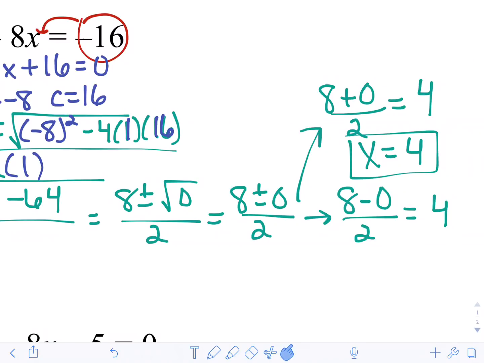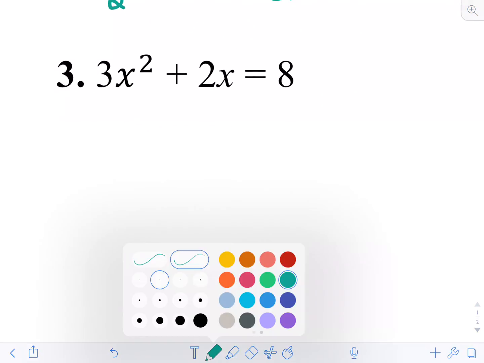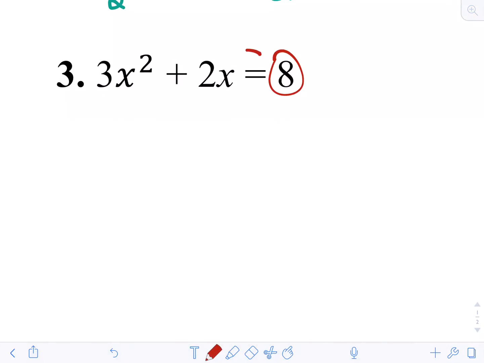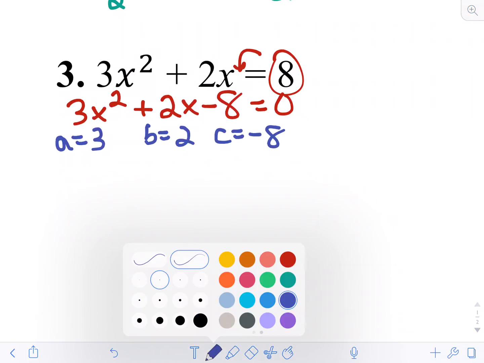Alright, let's see, I'm going to do number 3. So number 3, again, it has to be set equal to 0, so I'm going to go ahead and move this 8 over. It's positive, so when I move it over, it's going to become negative. And then we're going to go ahead and do our ABC, so A is equal to 3, b is equal to 2, c is equal to negative 8. And let's go ahead and start with the formula.